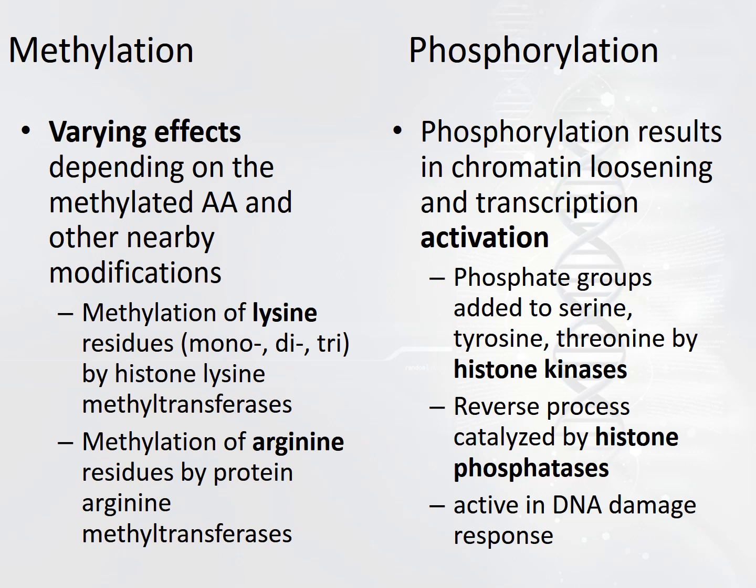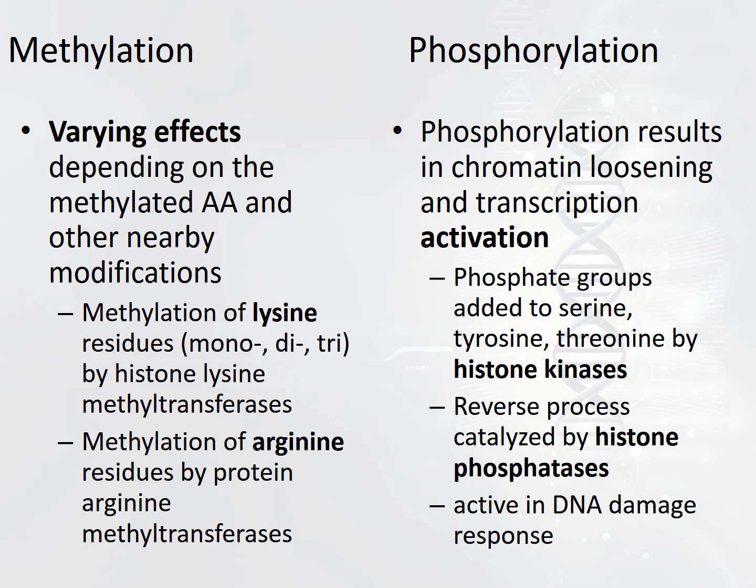So methylation on a lysine is conducted by histone lysine methyltransferases, and on arginine by protein arginine methyltransferases. Also, depending on whether it's on a lysine or an arginine, the result of methylation can be either gene transcription activation or repression.